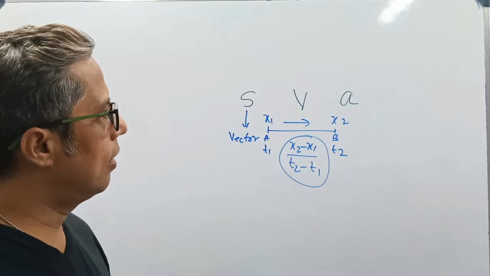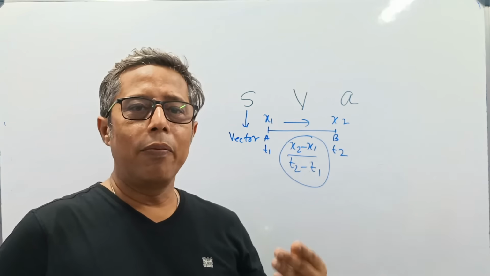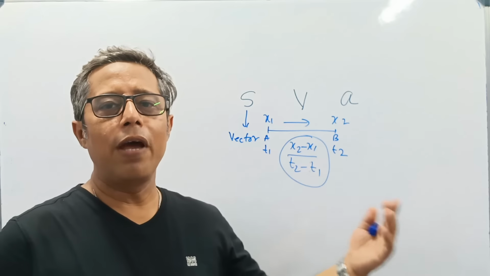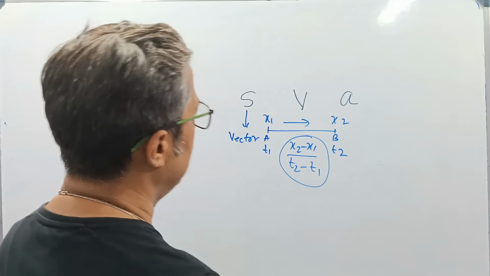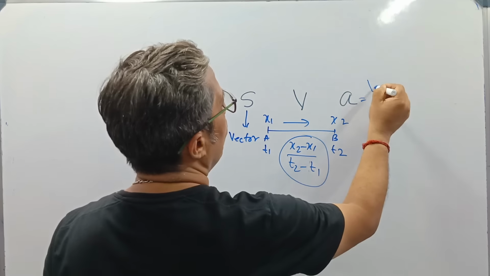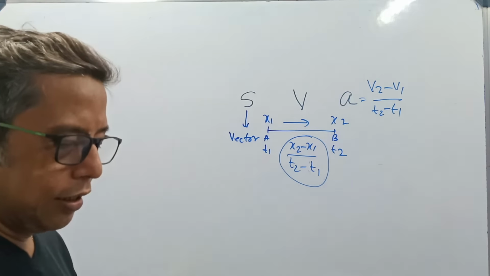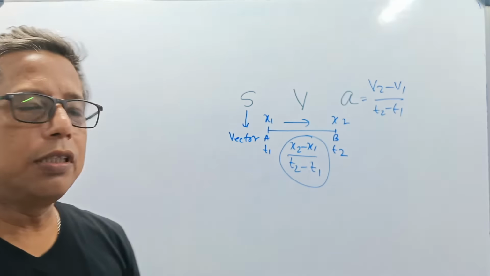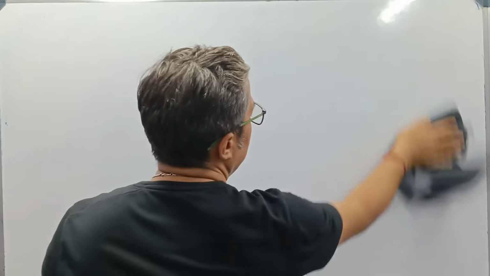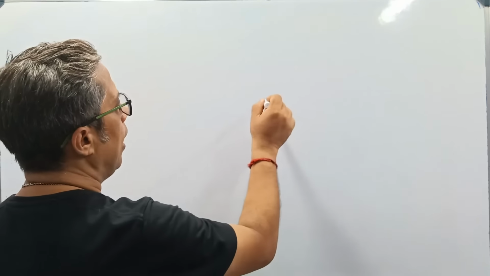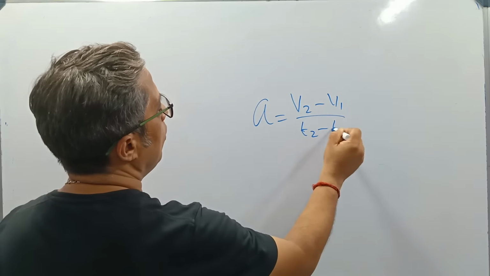Now what about acceleration? We know that acceleration comes whenever there is a change in velocity of a vehicle or an object. So what is acceleration? Acceleration means (v2 minus v1) by (t2 minus t1). So acceleration means a change in velocity happening with respect to some time. If I write it again, acceleration a is the change in velocity with respect to time.